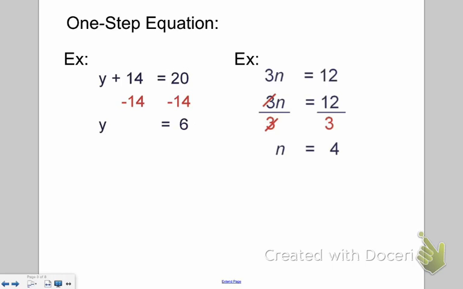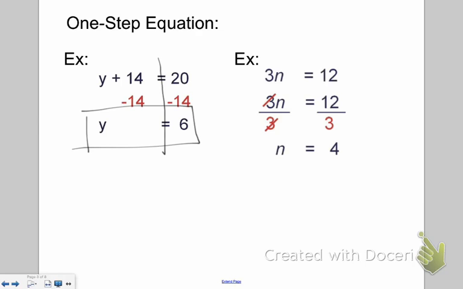So when we take these steps with the inverse operations, we're doing the same thing on both sides to try to get the variable by itself. So if we're trying to get y by itself, we're going to be subtracting 14 on both sides, which will cancel out. But if we're subtracting 14 on the left, we must also subtract 14 on the right. And that's what leaves us with y equals 6.